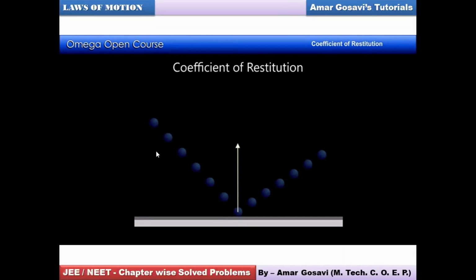At times, a ball can come in an inclined manner, and then the collision may take place, and the ball may again get reflected, just like the reflection of rays, isn't it? So we need to understand how we are going to place the equations for coefficient of restitution for such kinds of collisions. So please take a picture of this, friends, before we move ahead and I start explaining.